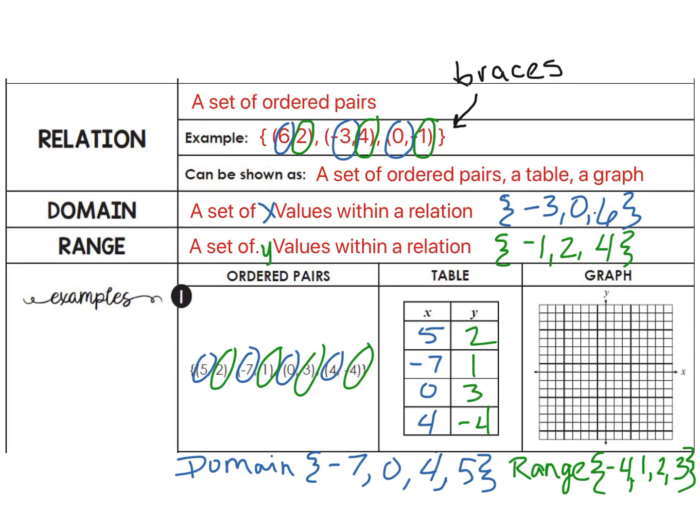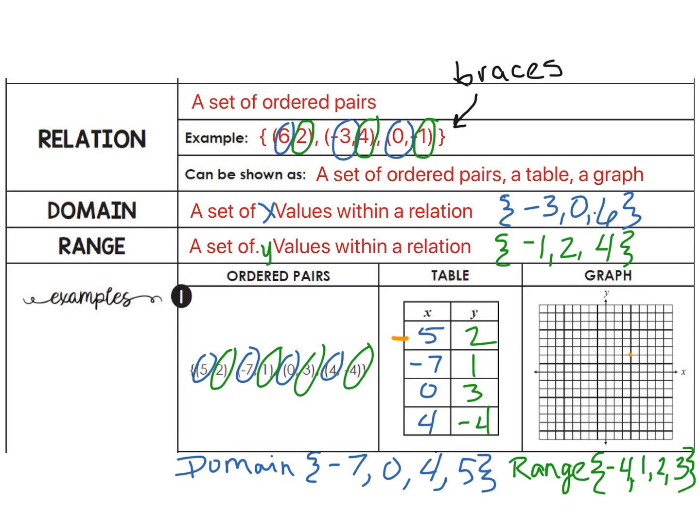Now for my graph, what I'm going to do is plot each one of the points. So my very first point is right here, 5, 2. So on the x-axis, I'm going to go over 5, and then I'm going to go up 2 and put a point right there.